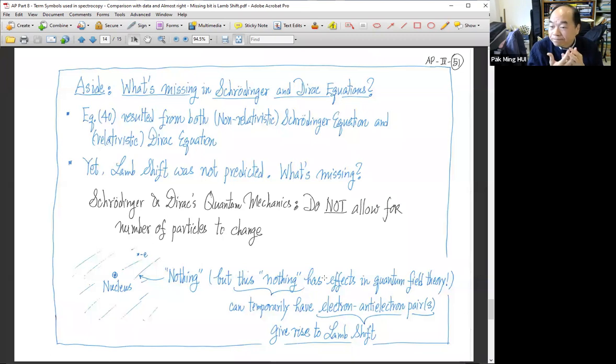What's next? If you want to learn more, what is the thing to learn? Up to what we did, the Lamb shift was not predicted because we are doing quantum mechanics in whatever form, non-relativistic Schrödinger equation or relativistic Dirac equation, it doesn't matter, because in these formulations the number of particles in the system is not allowed to vary.